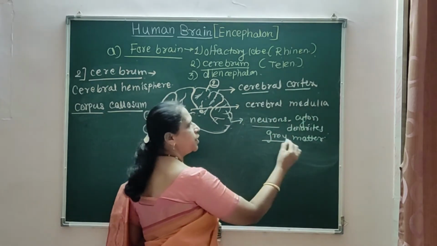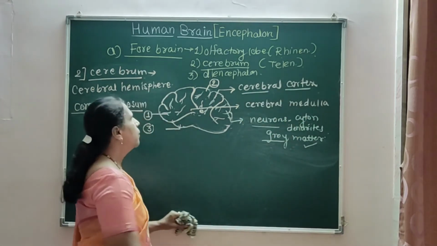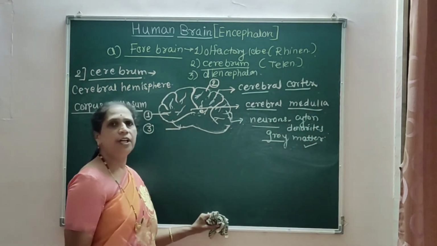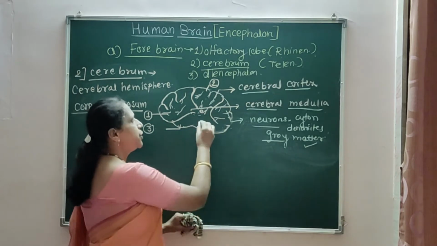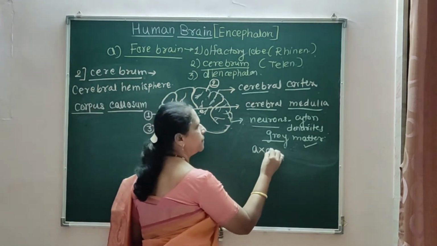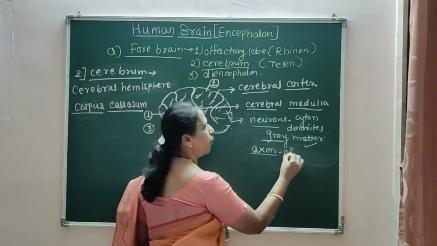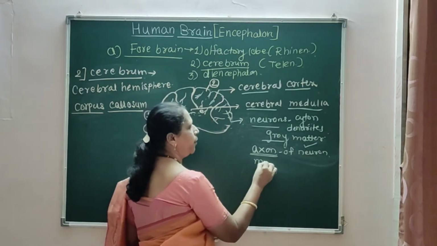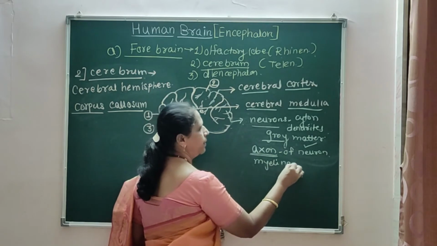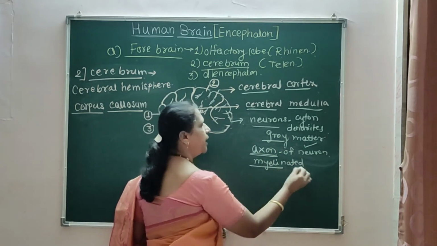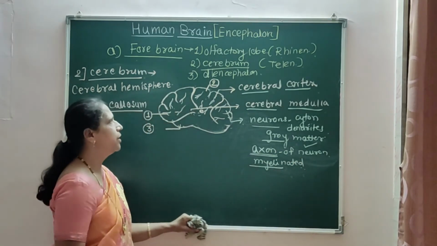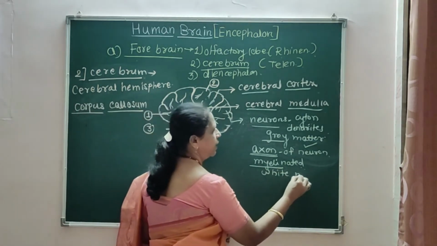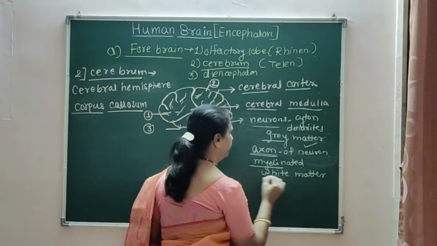The inner medulla, the cerebral medulla, is the inner part of the cerebrum which contains millions of axons of neurons, and the axons are always myelinated nerve fibers or medullated sheath, and due to this medullated sheath this area appears white and hence it is formed by white matter.